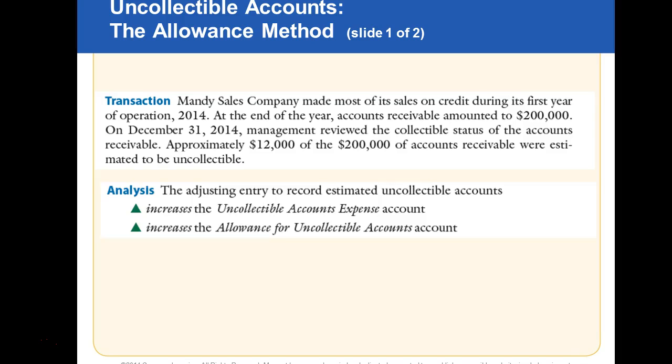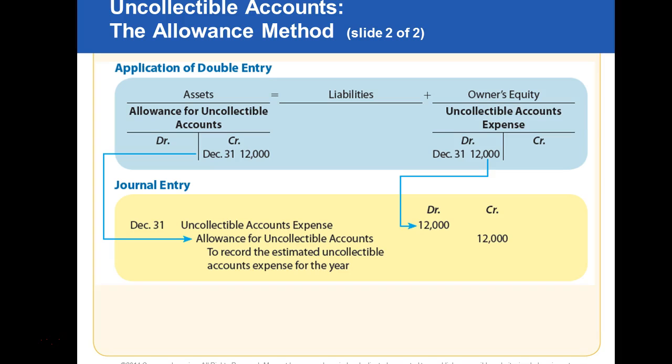So we're going to create a journal entry to record what we estimate to be the uncollectible accounts. In this adjusting journal entry, we're going to increase an account called the uncollectible account expense, and we're going to increase a new account called the allowance for uncollectible accounts.